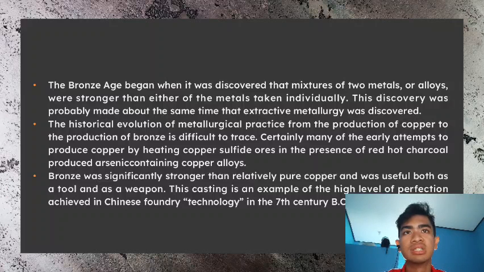The bronze in this casting contained less tin than was typical of bronze weapons from the same era. The low tin content was probably due to the difficulty in locating a good supply of tin.